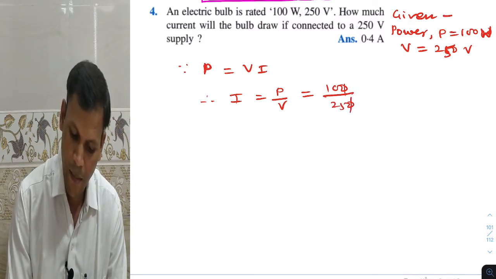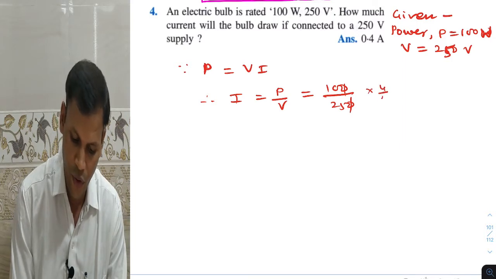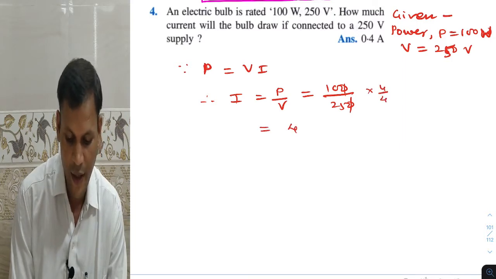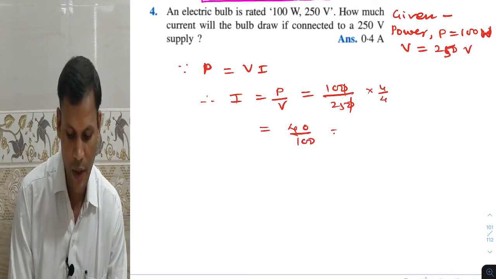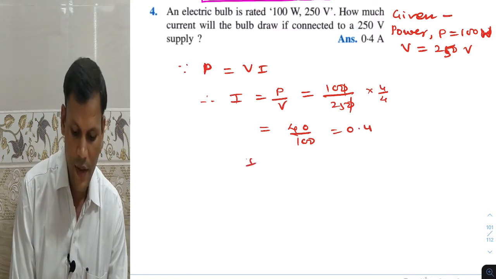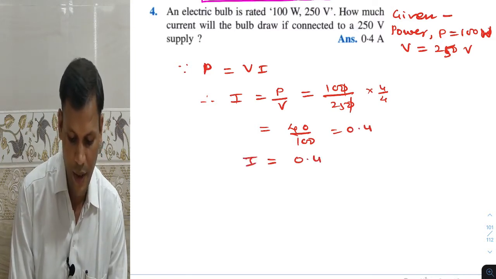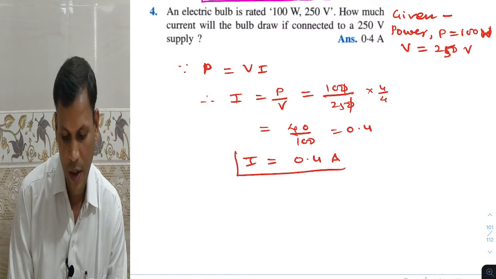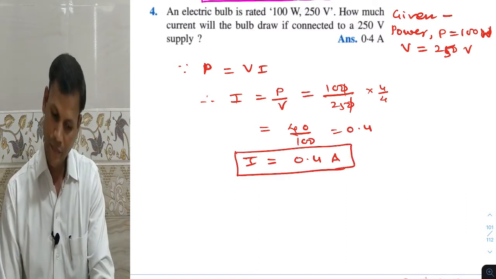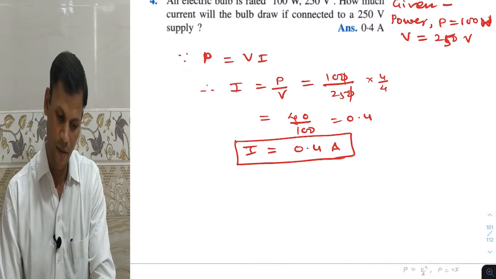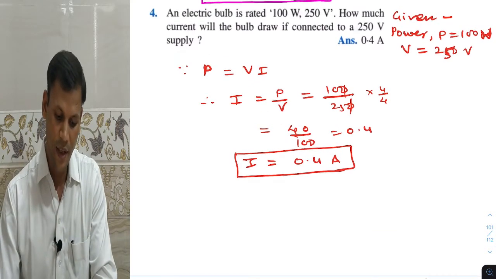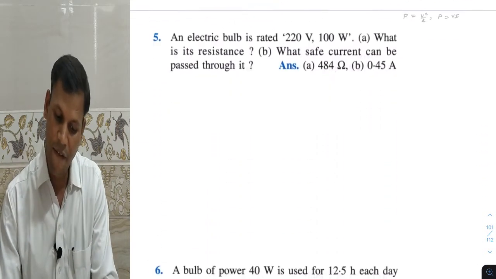Again multiplied by 4 divided by 4, you will get 40 by 100 which is 0.4. So I will be 0.4 ampere. This is the current in that appliance bulb. Bulb is given. So now question number 5.